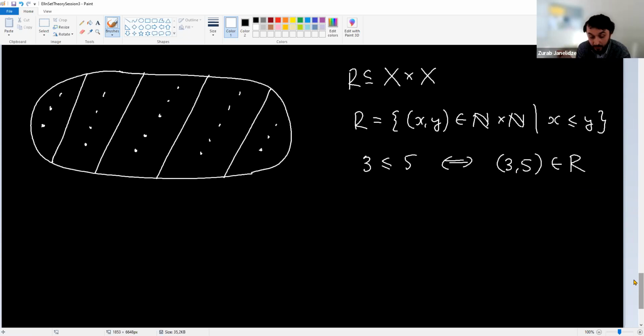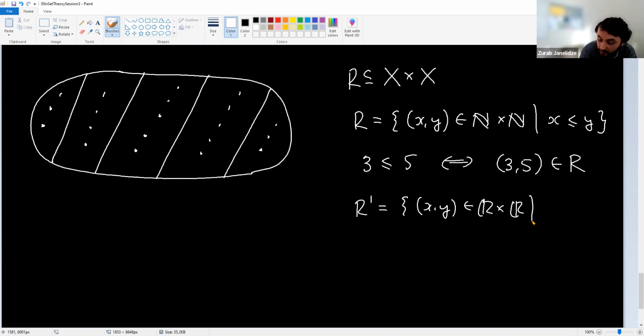Now, this is a set theoretic way of describing relationships between objects, seeing it as a set of actual ordered pairs that are related, where the first component is related to the second one. And as another example, I want to give this one: x, y, such that x squared plus y squared equals 1.